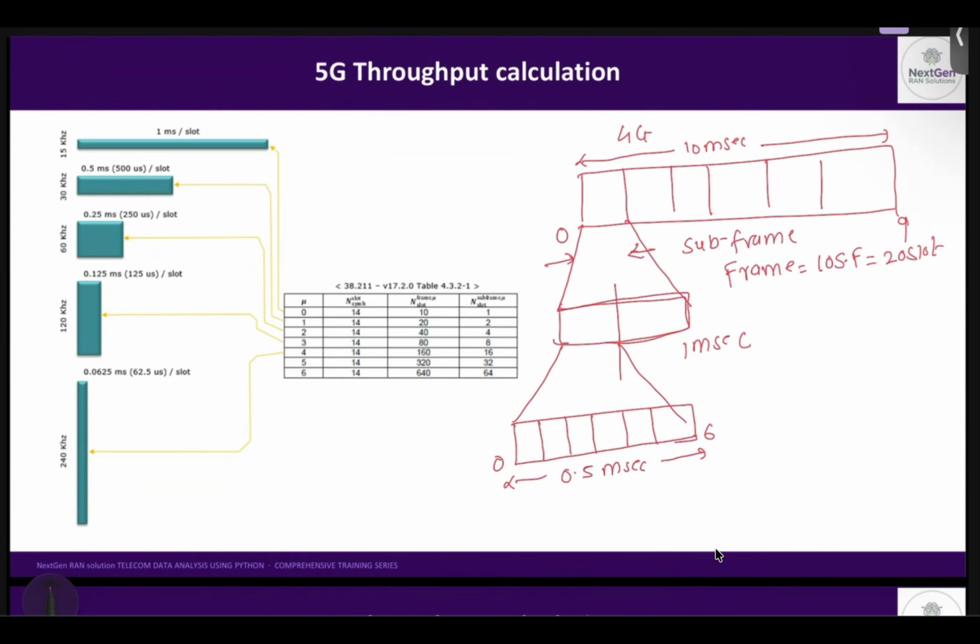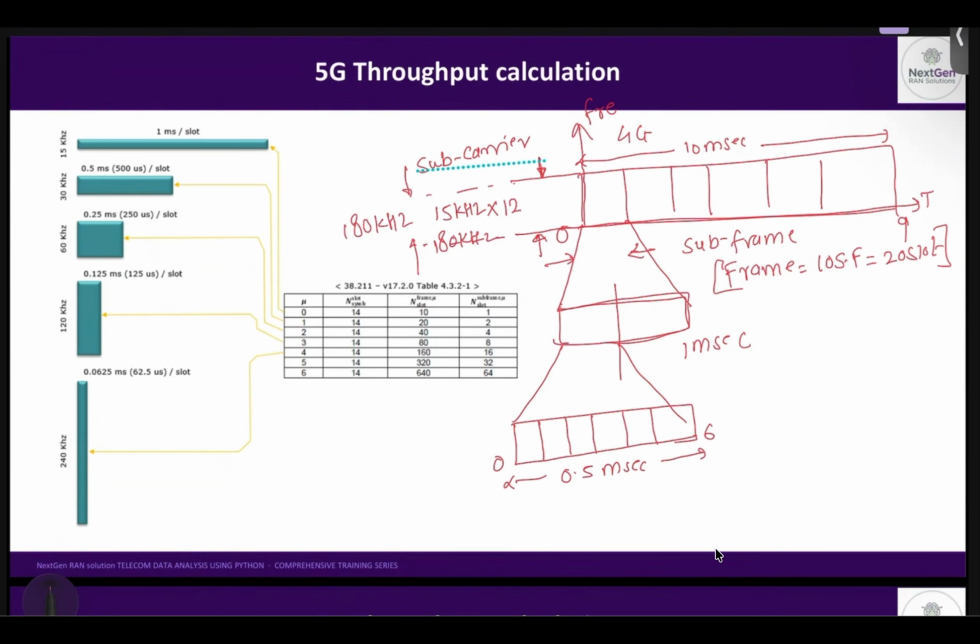It is simple. This is only about your time domain. Now let's get into the frequency domain. This is called a subcarrier. The total subcarriers in 4G were 12, and each subcarrier is 15 kilohertz, so the total becomes 180 kilohertz.